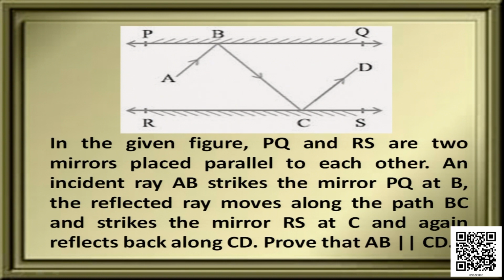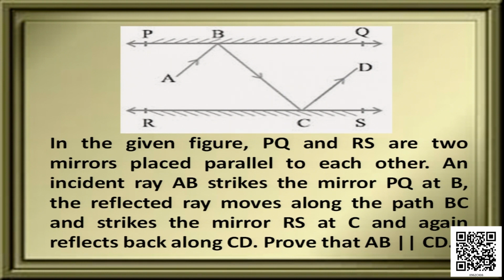You see, the reflected ray moves along path BC, and again it strikes at RS, and it is again reflected back along CD. So we have to prove that AB and CD are parallel. To solve this, we have to recall the law of reflection.